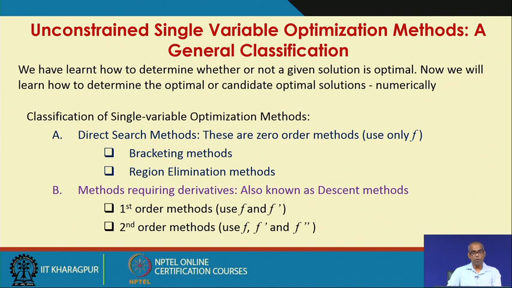So, accordingly, the methods requiring derivatives or descent methods can be categorized as first order methods and second order methods. The first order methods use the objective function value and the first derivative information, whereas second order methods use objective function value, first derivative information as well as second derivative information.